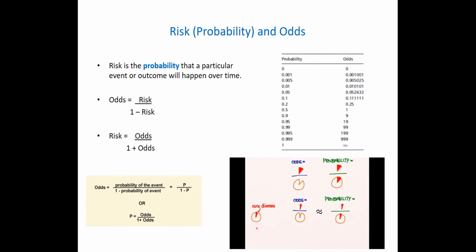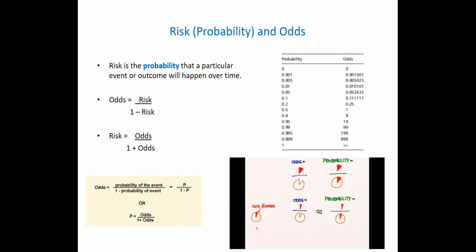So once you know that risk is the same thing as probability, you will not find it difficult to understand risk. The odds is the one you may find difficult to understand. Odds is risk over 1 minus risk. That is the probability of an event happening over the probability of an event not happening.